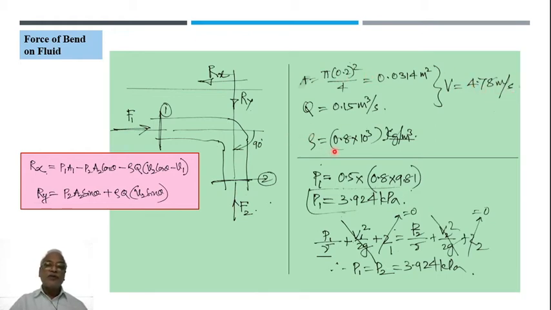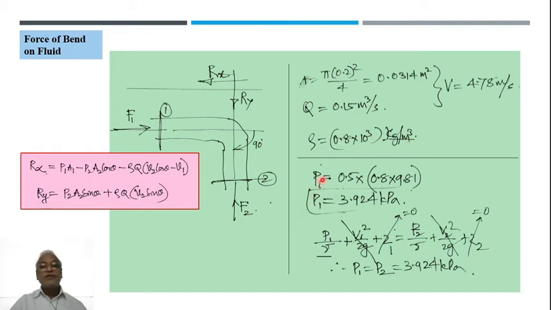Now what is flowing? There is a liquid with specific gravity 0.8. So if we calculate rho of that, it will be 0.8 into 1000, so 800 kg per meter cube would be the density.